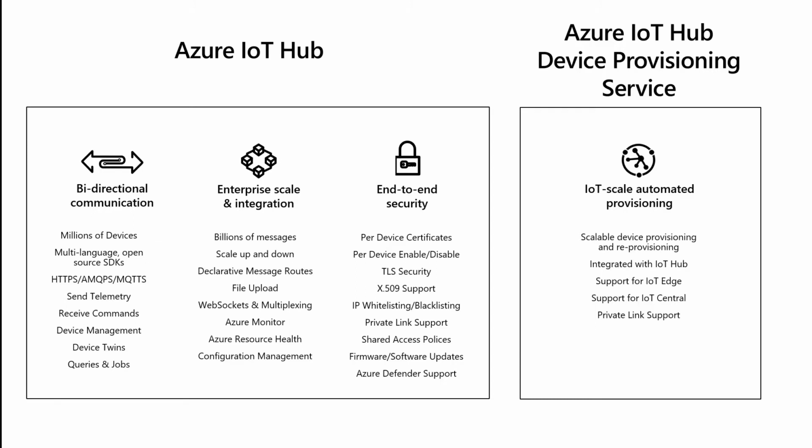I'm actually going to start on the right-hand side and talk about a helper service for IoT Hub, called the Device Provisioning Service. It's about simplifying the mass deployment of devices. What you don't want to be doing is putting things like connection strings into each device, because that rapidly becomes unmanageable.